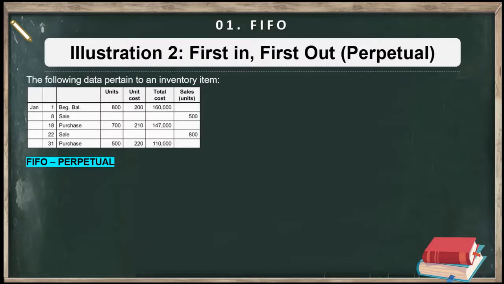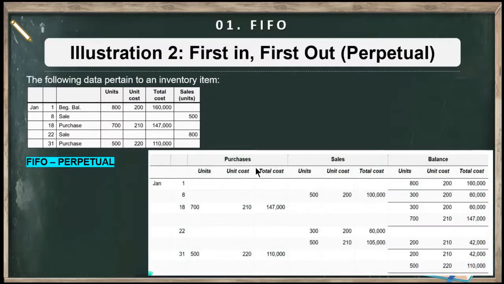So you can follow the contents of the stock card to determine how much is our inventory end. This would be the stock card for the FIFO perpetual. You have the purchases, and you can see in the stock card what we purchased, the unit cost, and the total cost.